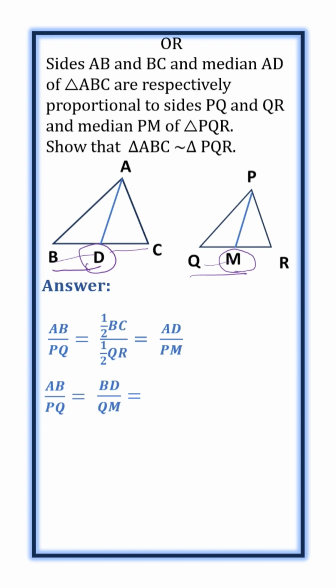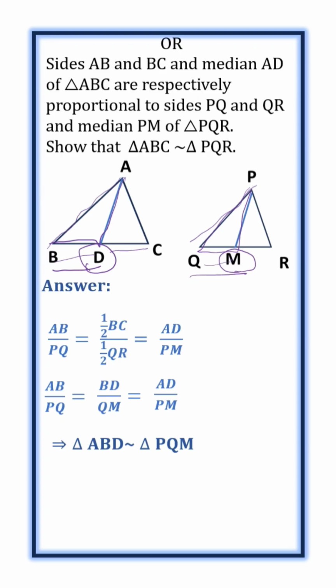So now we are concentrating on the triangle BDA here PQM. Okay, that is equal to AD by PM. It implies that triangle ABD is similar to triangle PQM.